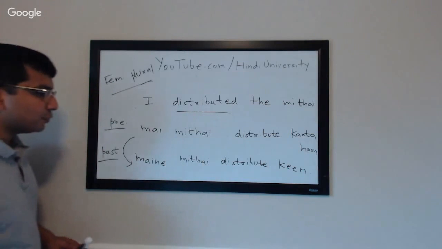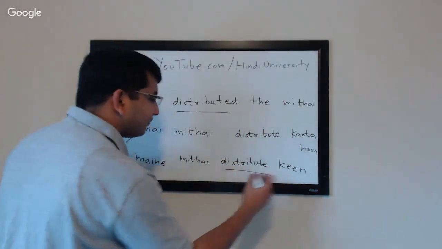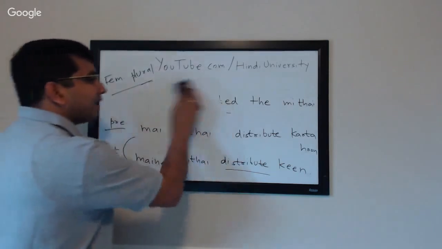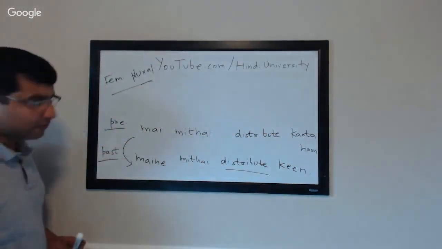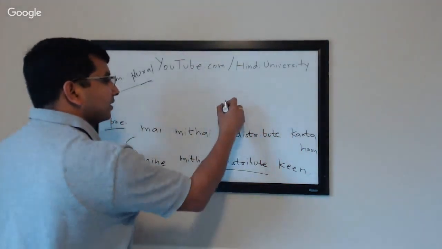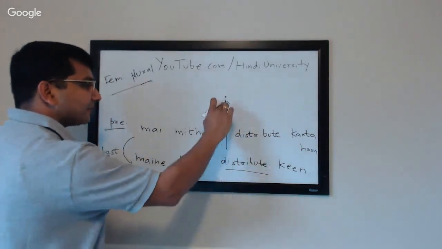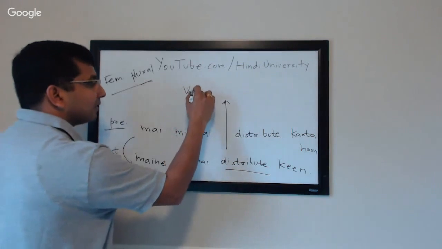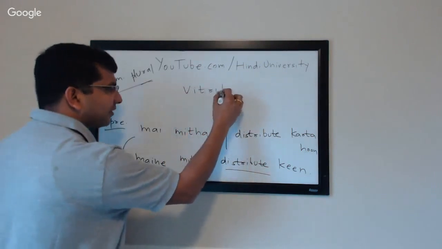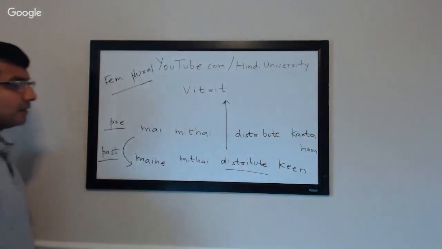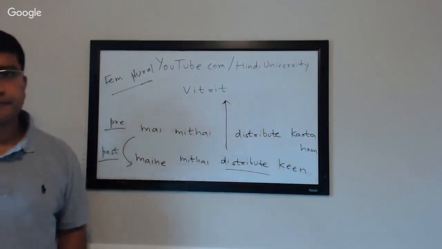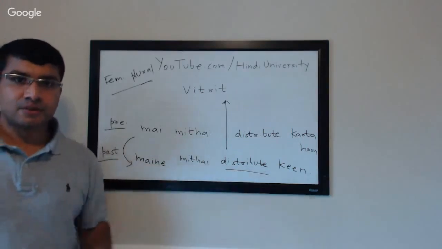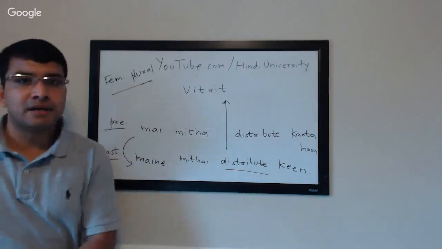And for those of you who are really particular about why we use distribute and not a Hindi word as a noun, the word for distribute is vitrit karna. Vitrit. It's a difficult word, but bear with me and repeat after me. So you can say मैंने मिठाई वितरित की, or मैंने मिठाई बांटी.